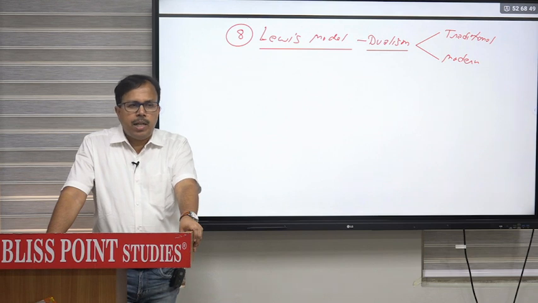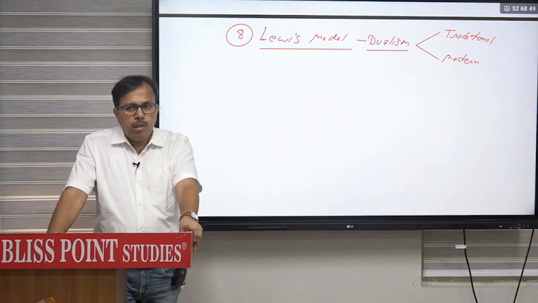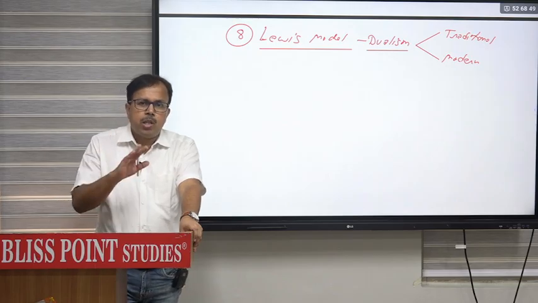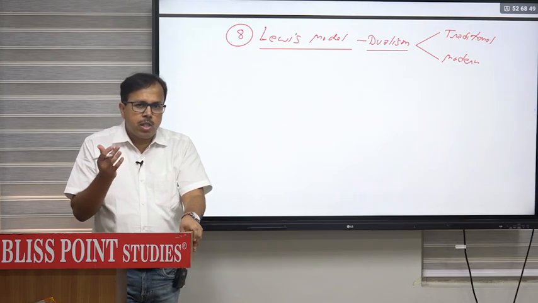The traditional sector you can relate with agriculture, and the modern sector you can relate with industry. To begin with, more and more labor is available in the traditional sector. Over a period of time, labor will migrate from the traditional sector to the modern sector. That migration of labor will change the structure of the economy also.